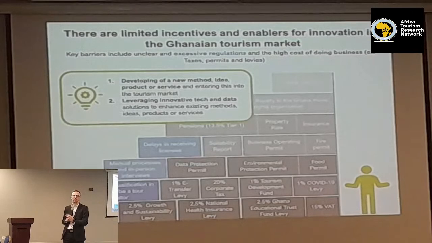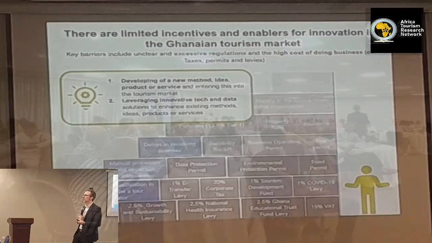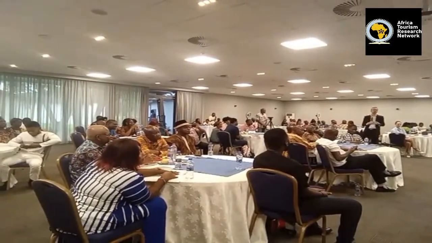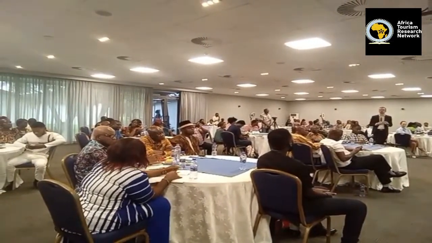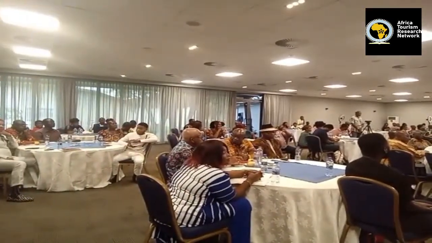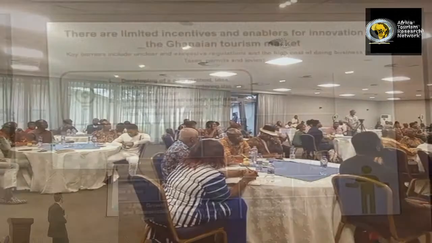Many of them are there for a good reason. But think about how to simplify them, how to clarify the requirements, how to make it as simple as possible to comply with these, particularly for new entrants, for new businesses in the market, is a real opportunity to improve and simplify the operating environment and to encourage innovators and entrepreneurs to enter the sector.